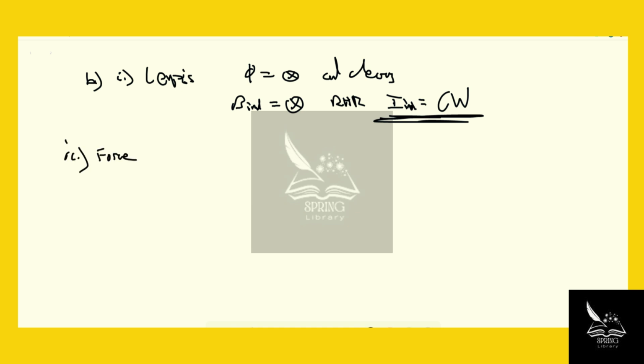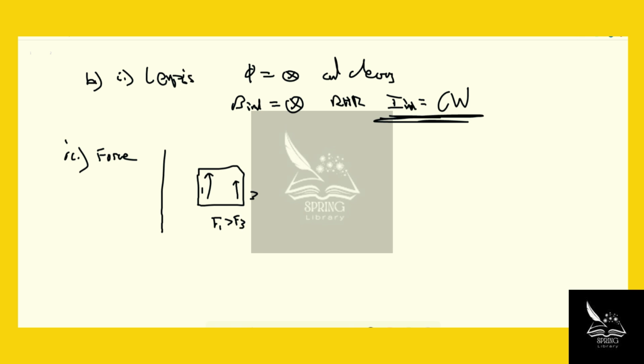Okay, so now let's figure out the same thing, but using a force argument instead of Lenz's law. Let's draw a little diagram here. Here's our wire, and here's our circuit, right? Just like before, the B field is bigger at side 1 than 3, and if the B field is bigger, that means the force pushing the charges upwards is greater. So the force at 1 is greater than 3.